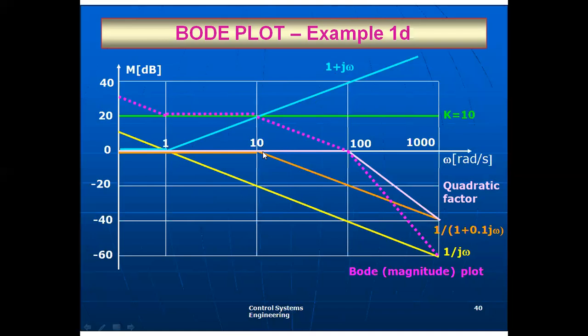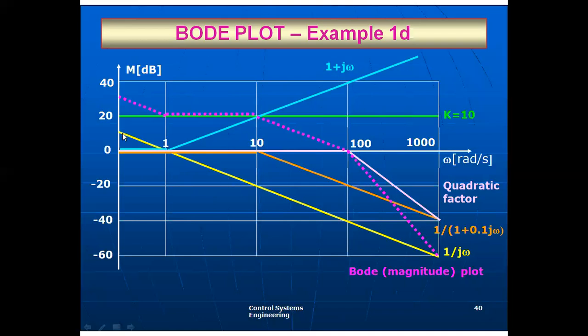Okay. Then after that, 1 divided by 1 plus 0.1 j omega starts and contributes minus 20 decibel per decade. Then at frequency 100, this quadratic factor contributes minus 40 decibel per decade.